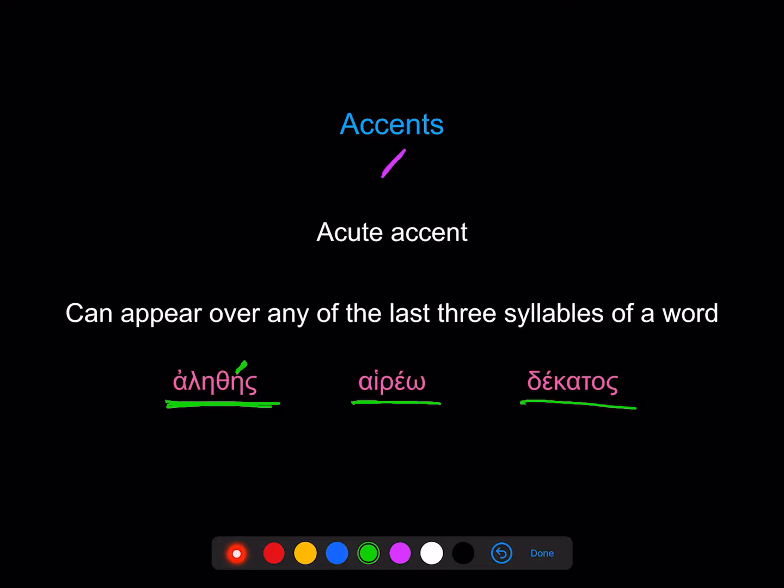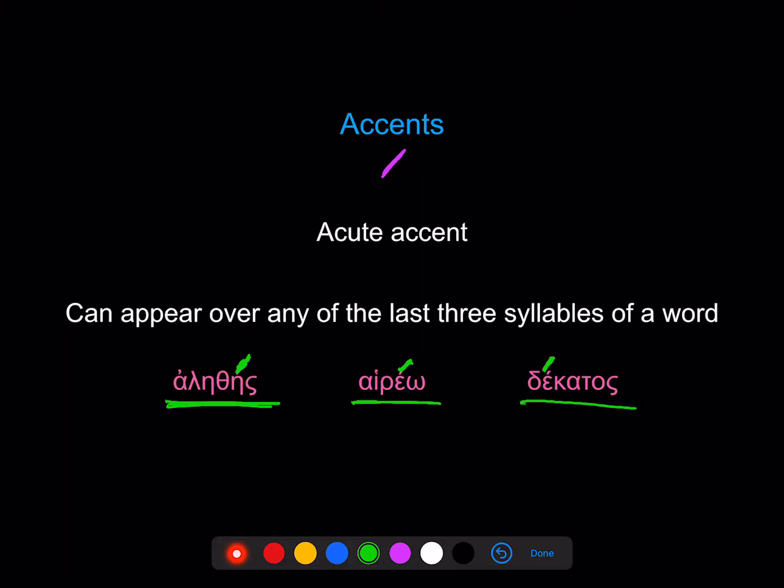If you're interested in learning to read with a pitch accent, that's totally possible. And there are lots of resources for doing that. But we're going to just put the stress wherever the accent is, no matter what kind of accent it is. So alethes, hyreo, dekatos. Okay, that's the acute accent, which is allowed to appear over any of the last three syllables of a word. By the way, all these last three syllables have names.